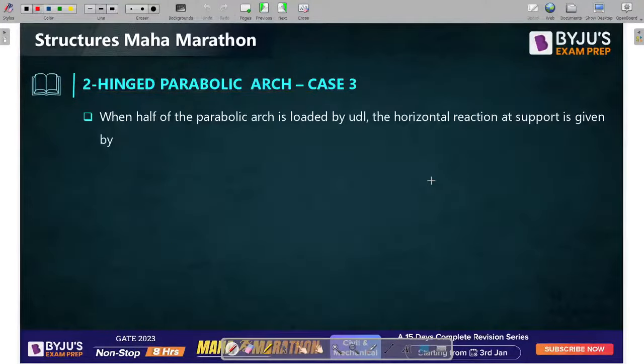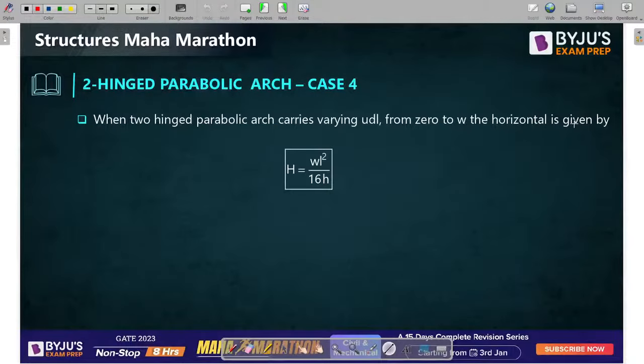Okay. Next one. When half of the parabolic arch is loaded by UDL, I will explain this case on this particular slide.